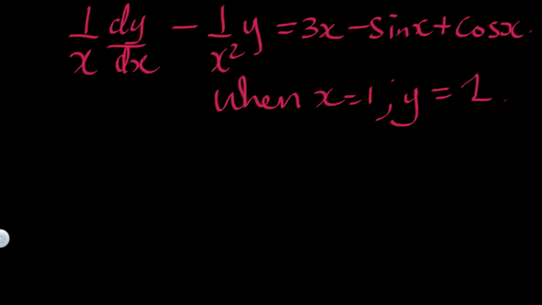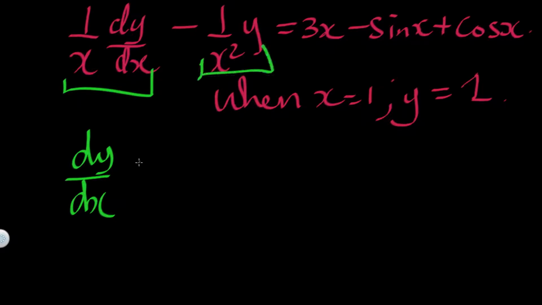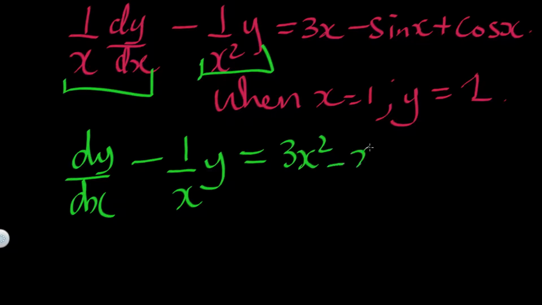If I multiply by x throughout, I will be left with dy/dx minus 1/x y equals 3x² minus x sin x plus x cos x.